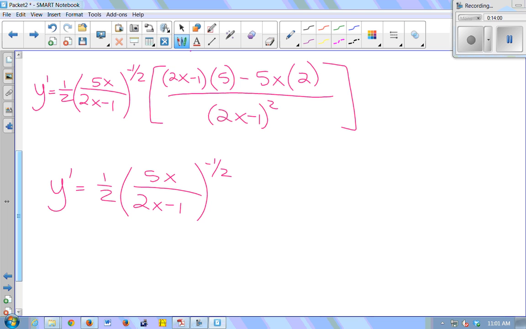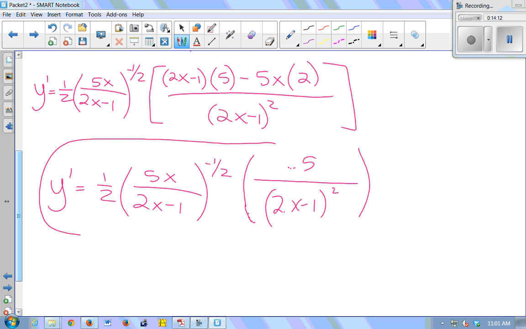And then this ends up being negative 5 in the numerator over 2x minus 1 squared. So in the last one, we did the chain rule within the product rule. And in this one, we're doing the quotient rule within the chain rule.